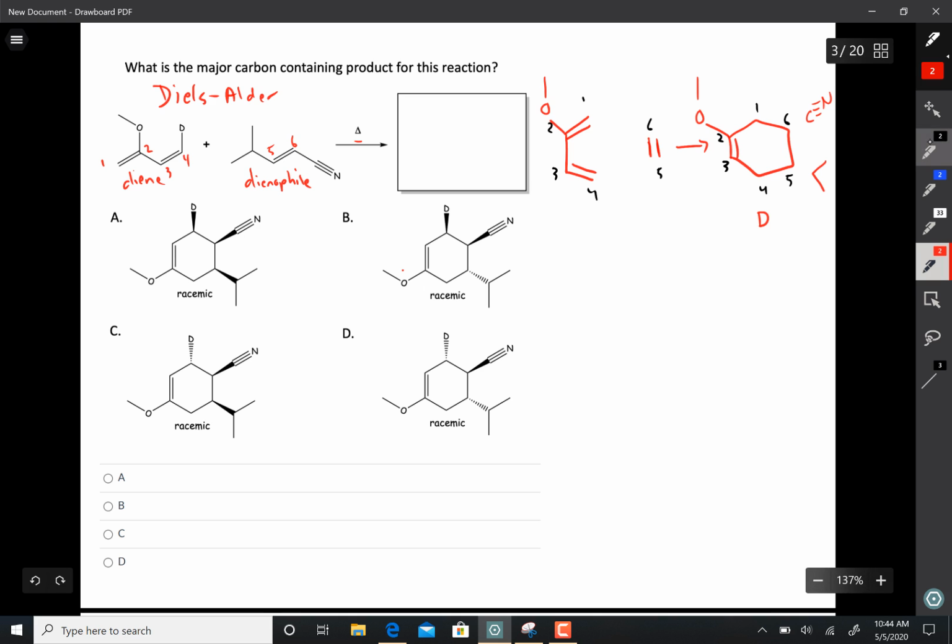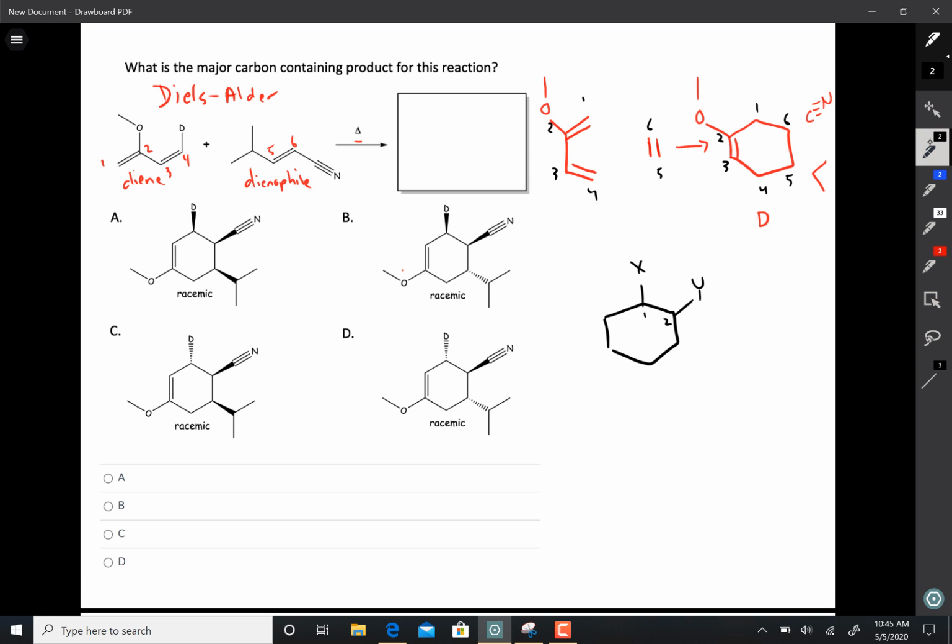And what that means is, ortho is when they have the 1-2 relationship. Para is when they have the 1-4 relationship.